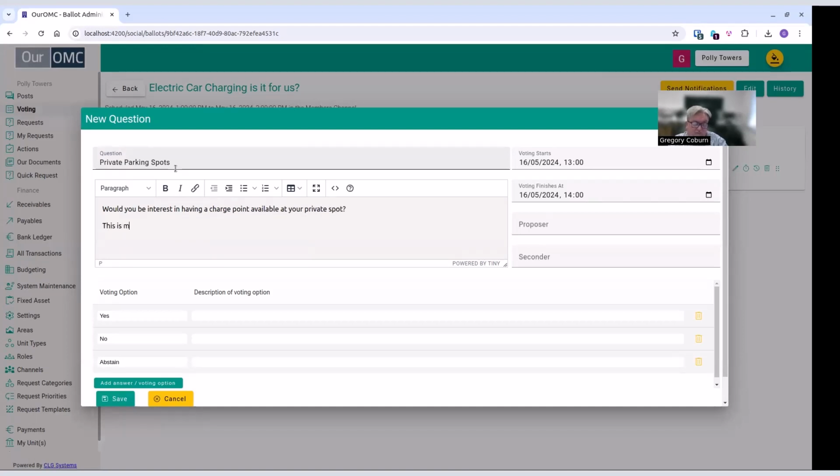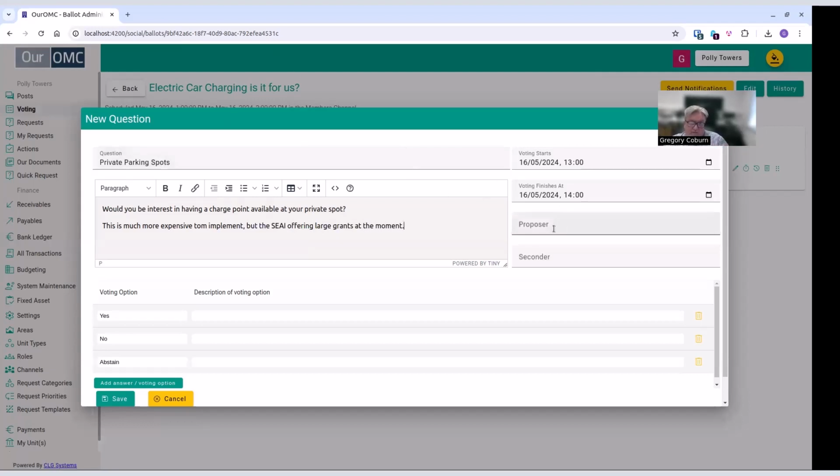This is much more expensive to implement, but the SEAI have large grants at the moment.